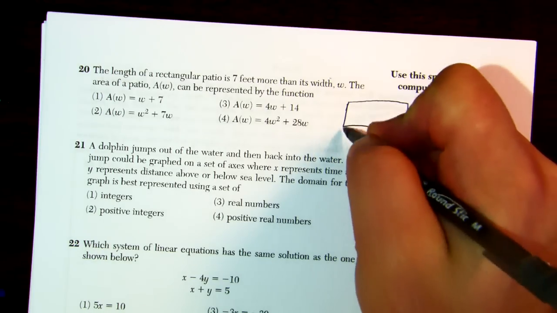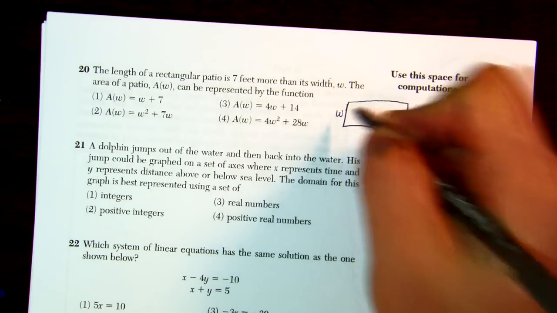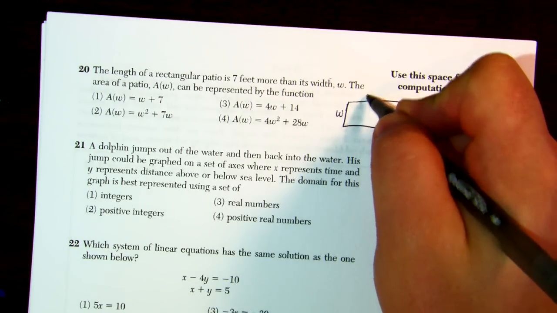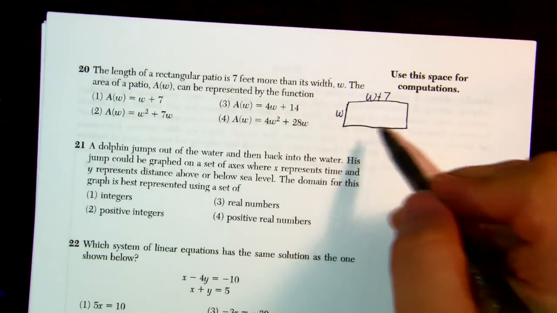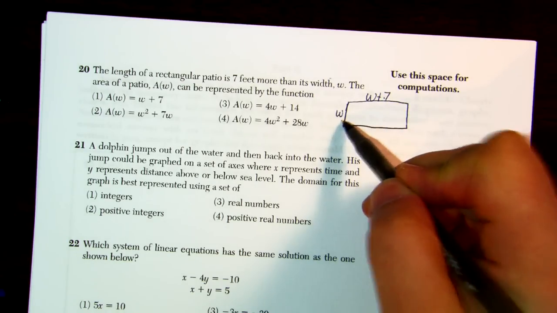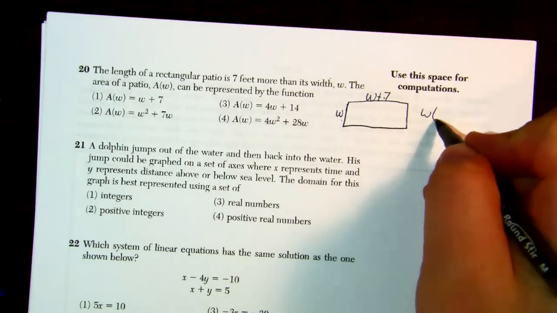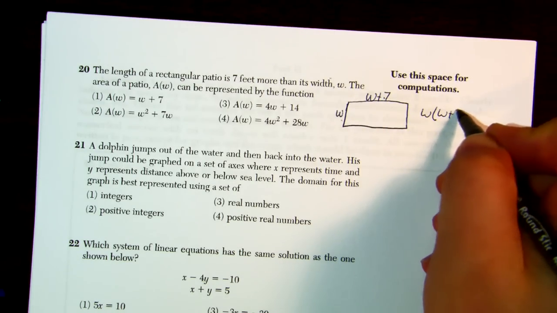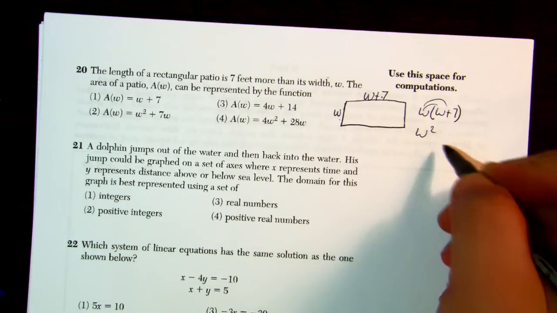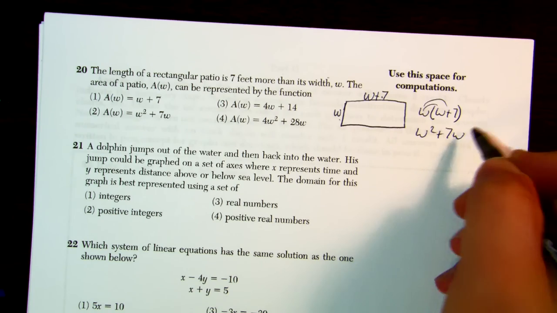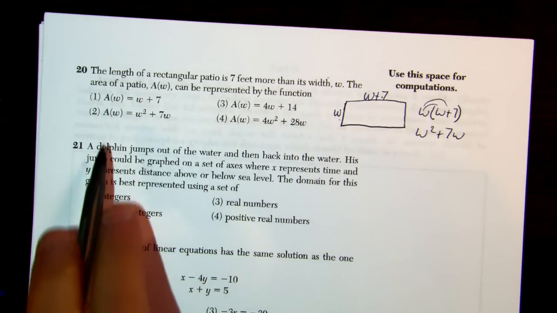So if this is my width, remember width is shorter than the length, and this is going to be 7 feet more than the width, which means w plus 7. The area of the rectangle is length times width, so it's going to be w times w plus 7, which is going to give me w squared plus 7w, which is choice 2.